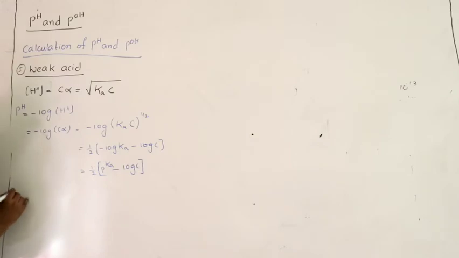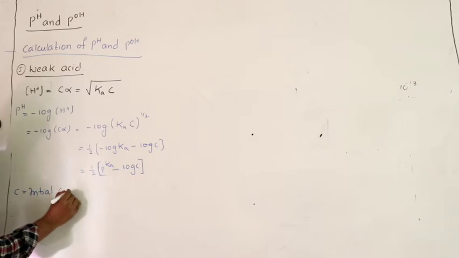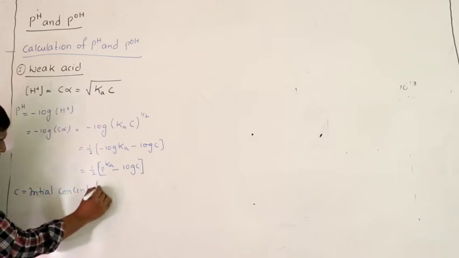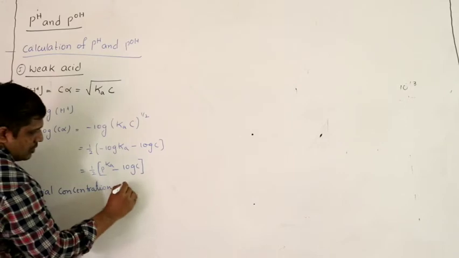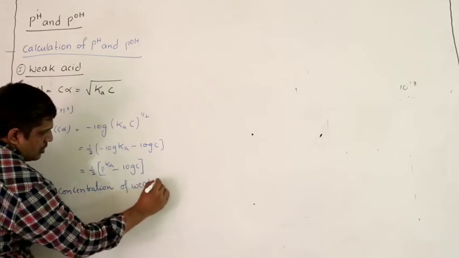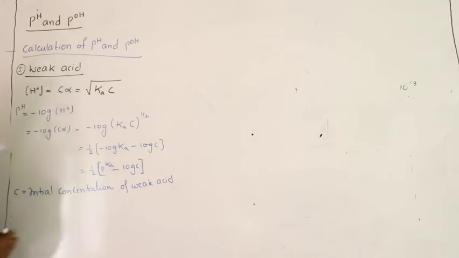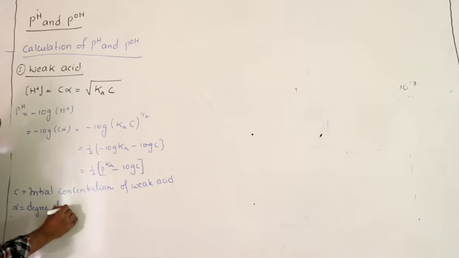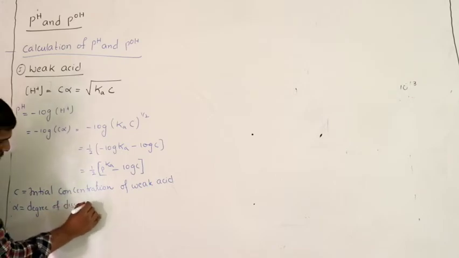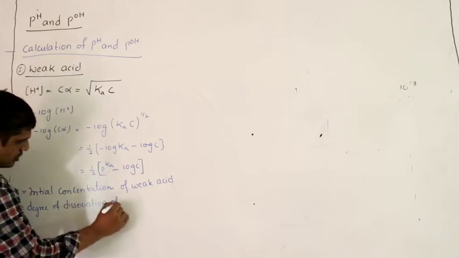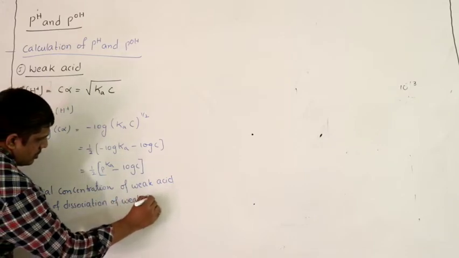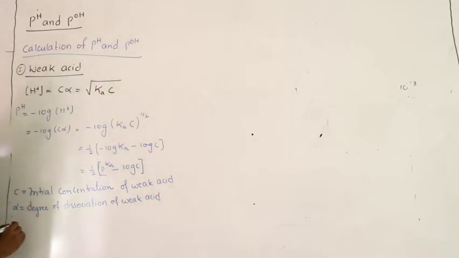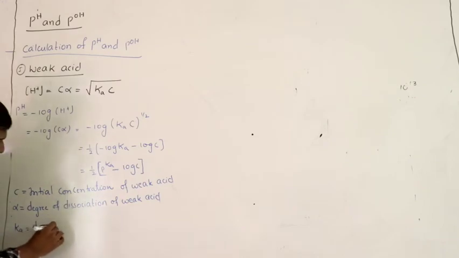Where C is the initial concentration of weak acid, alpha is the degree of dissociation of weak acid, and Ka is the dissociation or ionization constant of weak acid.